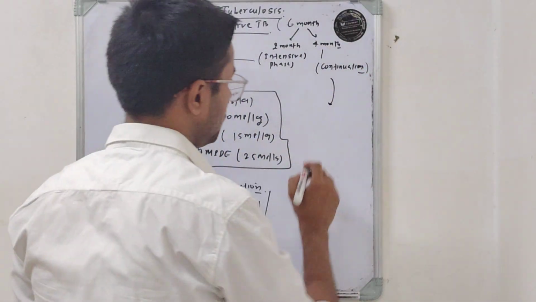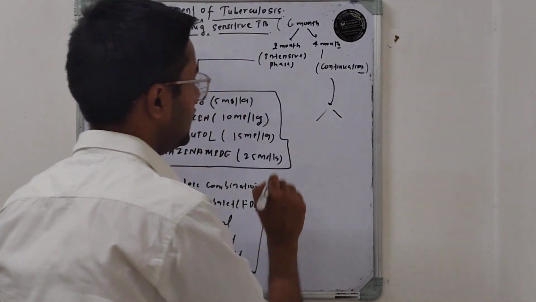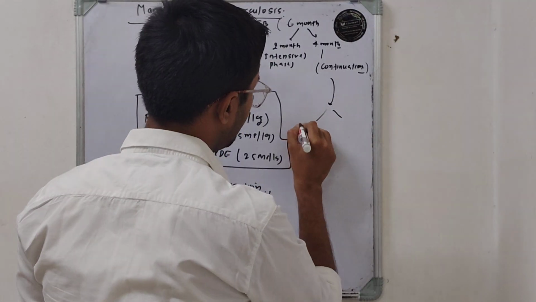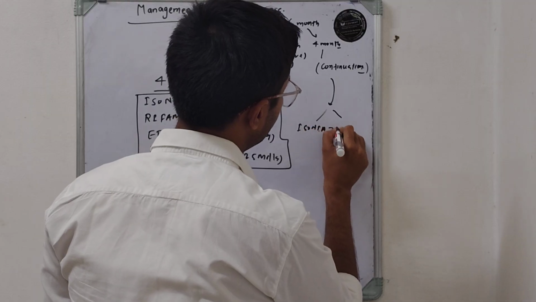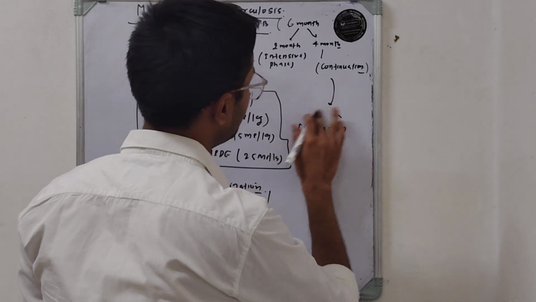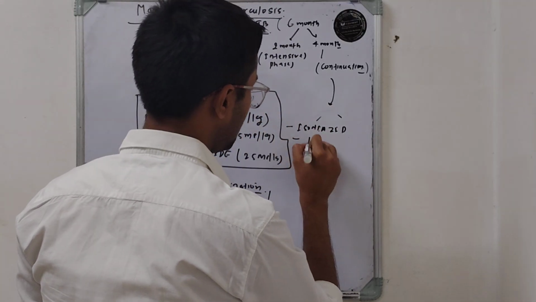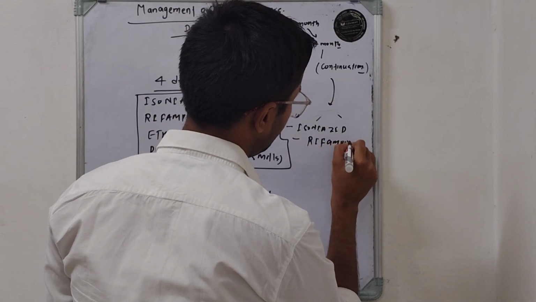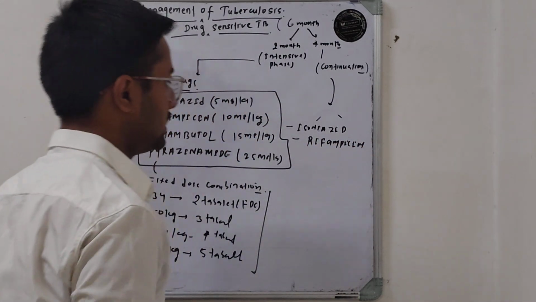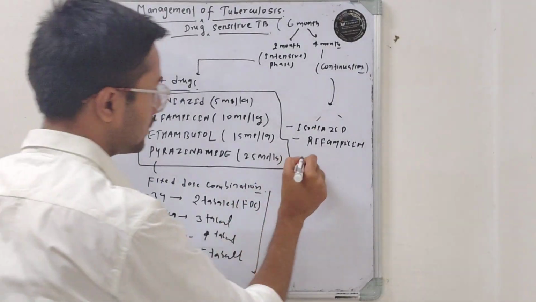There are 3 drugs. One is obviously isoniazid, another is rifampicin, and the third drug is ethambutol.